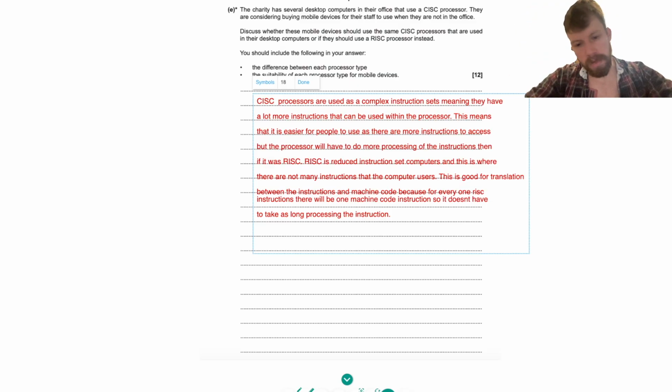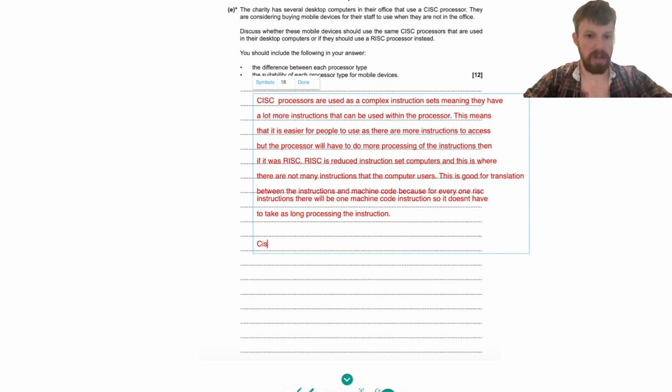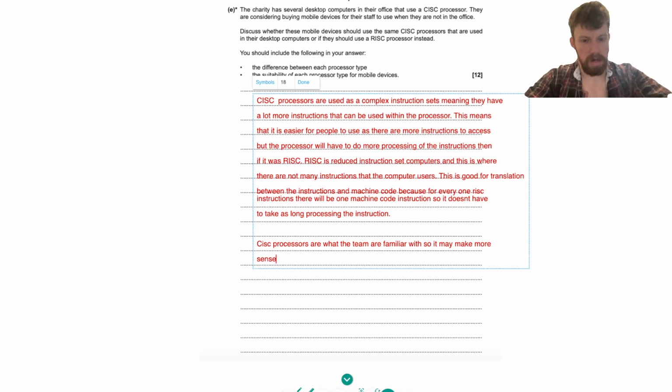So this is a little bit more generic, where it's going to be saying that CISC processors are what the team are familiar with, so it may make more sense to stick with CISC processors. Okay, and then I need to give a reason.